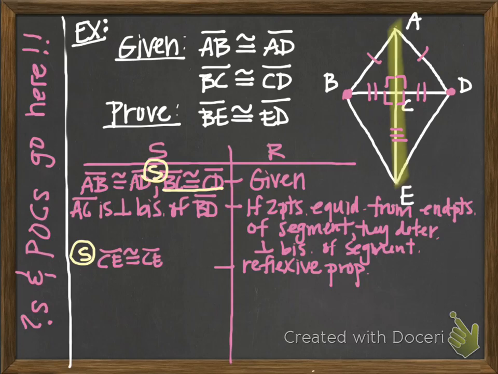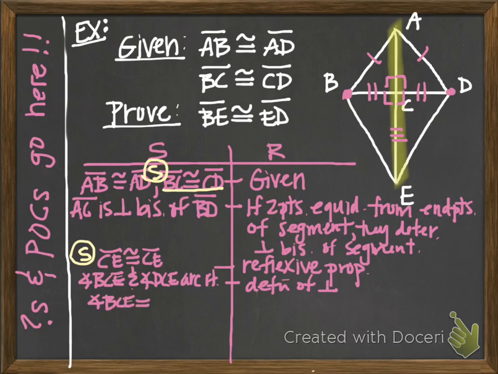So let's say angle BCE and angle DCE are right, because that's the definition of perpendicular. And then we can say that they're congruent because all right angles are congruent.